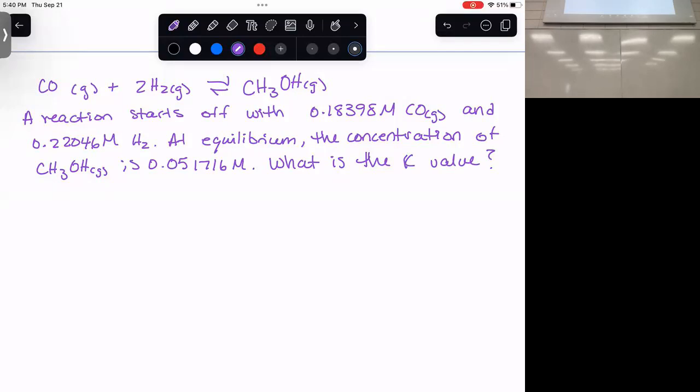A reaction starts off with a concentration of the carbon monoxide and a concentration of hydrogen. At equilibrium, the concentration of methanol is another value. And I want to know what the K value is.